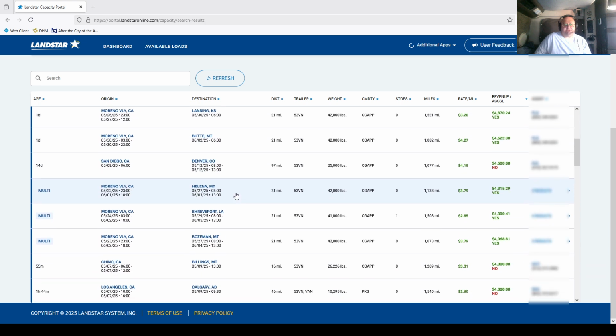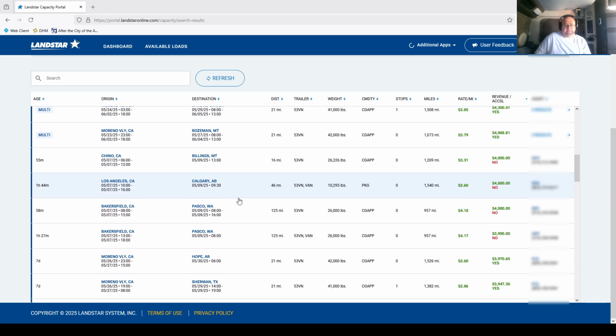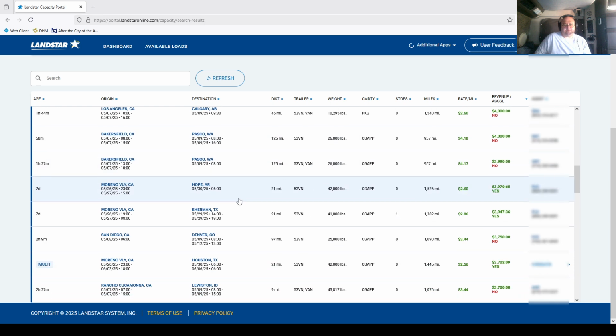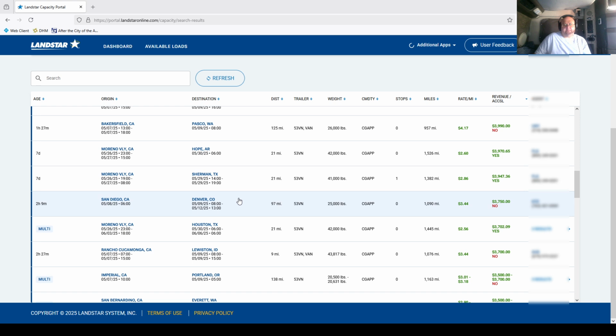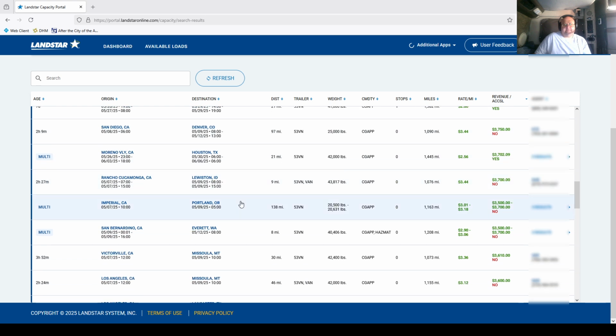I probably should have just scrolled through here while I was talking, because that's probably all I'm going to end up doing anyway. Every time I see a load that looks decent, like 3.44 a mile, the destination's Colorado, that's not a good load.